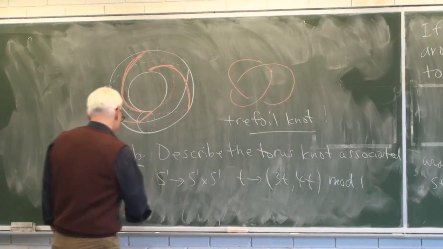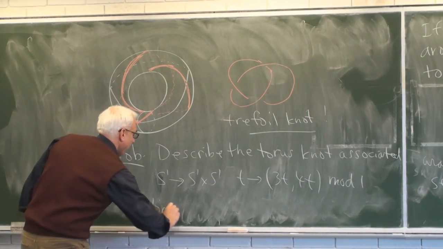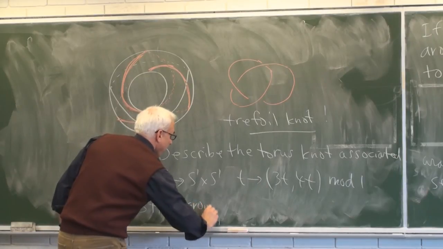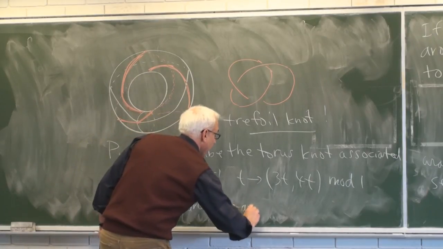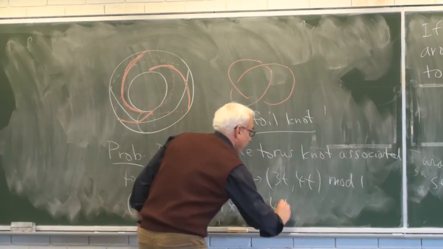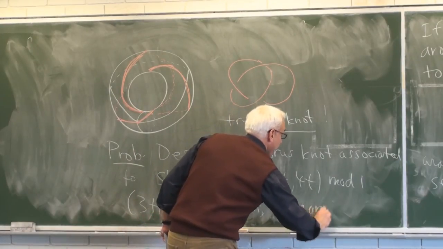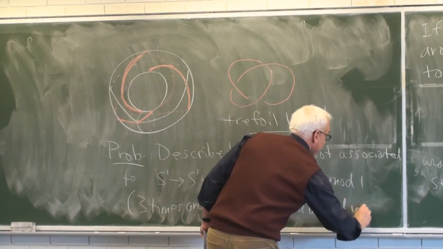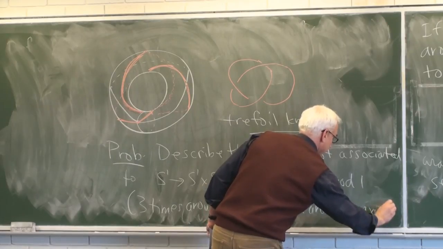So we go 3 times around the x-axis and 4 times around the y-axis. What problem number is that?